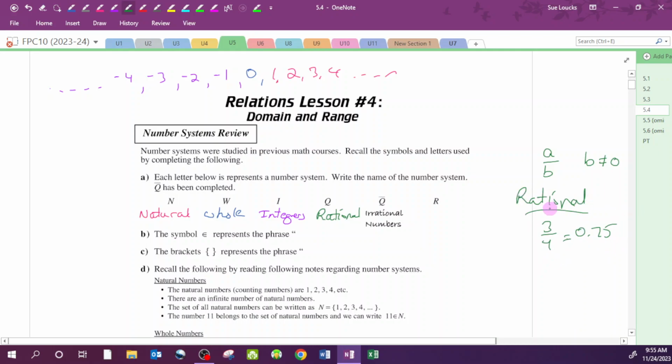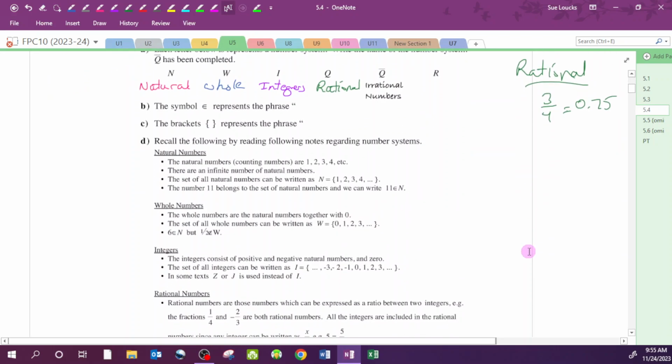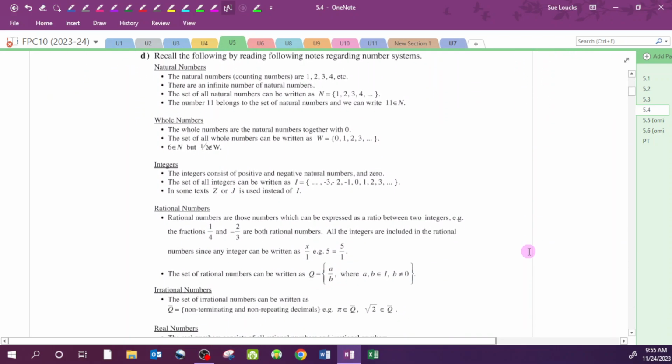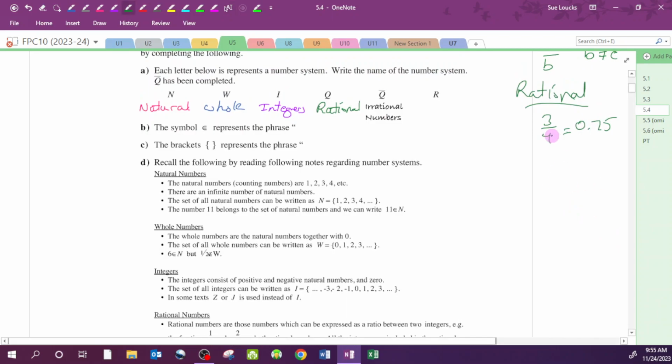The important thing about a rational number is you can write it as a fraction, so it can be positive or negative. You could have negative 7 over 9.